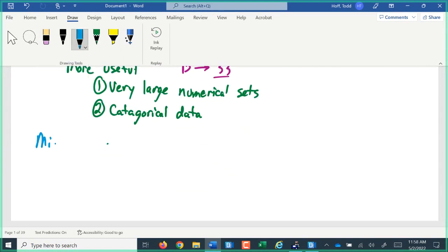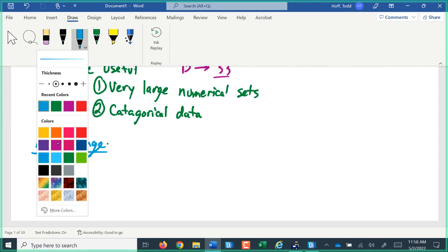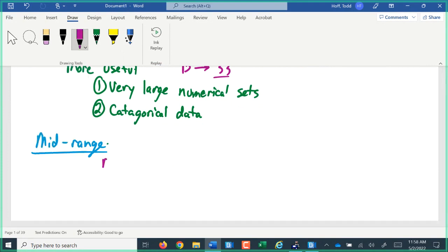Then there's one that's not used very often. It's called a mid-range. To define the mid-range, we have to define a couple of other numbers. One is the minimum, abbreviated just MIN for min, and that is the smallest number in the set, of course.